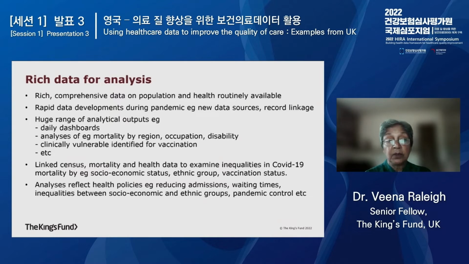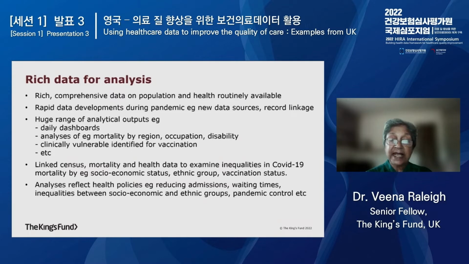So normally, and especially so during the pandemic, we have a huge range of analytical outputs. We had daily dashboards on the number of people admitted to hospital, the number of people dying, where they were dying, and so on. There was very detailed, almost real-time data available.